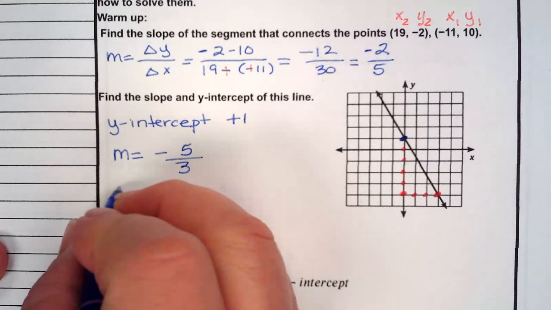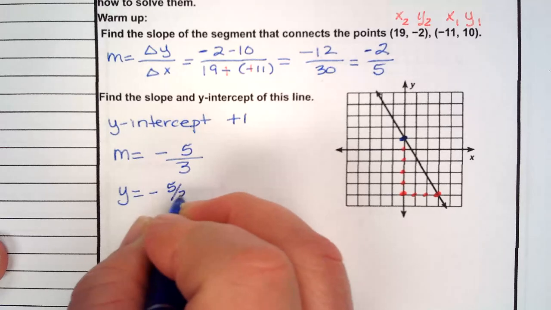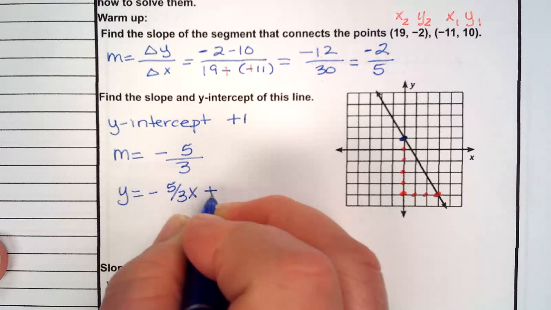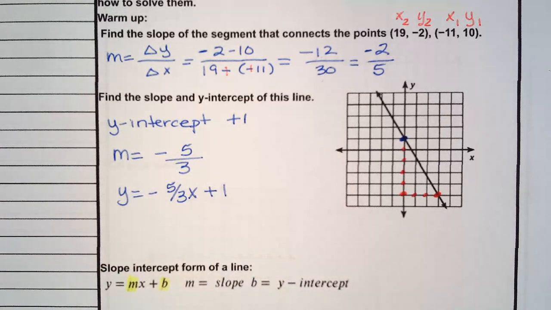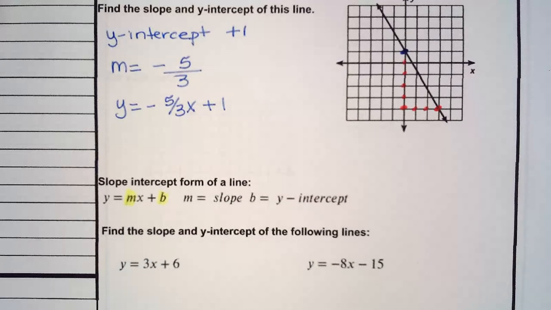So this is y is equal to negative 5 over 3x plus 1. Slope-intercept form is the y equals mx plus b form, where m is your slope and b is your y-intercept. So to be able to write in that, you have to know the slope and the y-intercept.